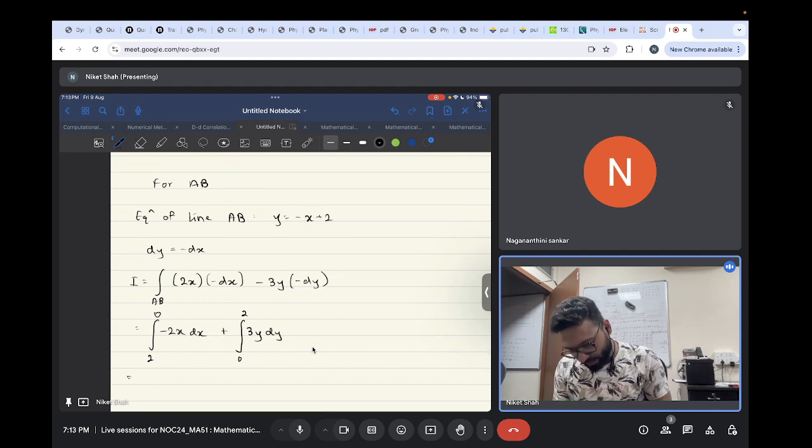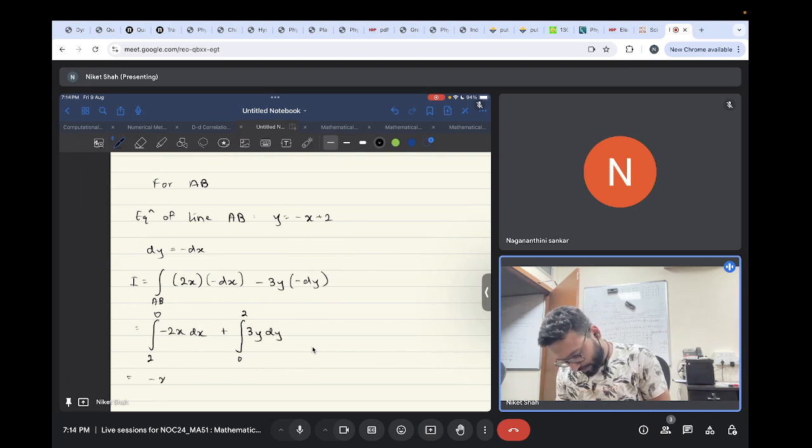So what does this become equal to? This becomes equal to minus x squared by 2, from 2 to 0, plus 3y squared by 2, from 0 to 2.